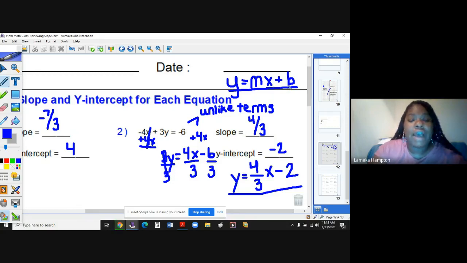And then we have our y-intercept, which is represented by b. And remember, the y-intercept is where the line crosses at the y-axis.